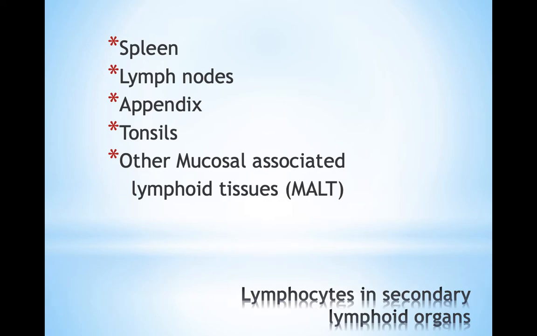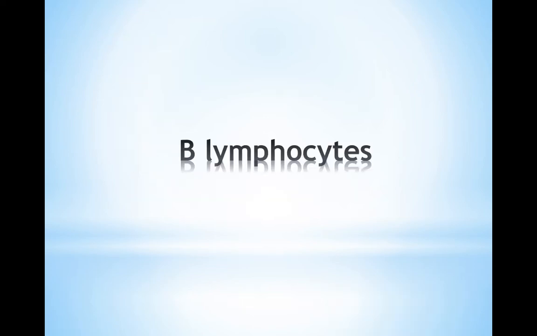So in our lecture, we're going to discuss more on the biology of both B cells and T cells, because these introductory topics like where they are found and where they mature, we already discussed during the previous modules. But I think we just have to reiterate again. Okay, so now let's begin our discussion with B lymphocytes.